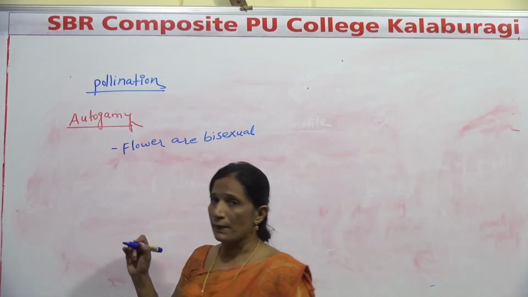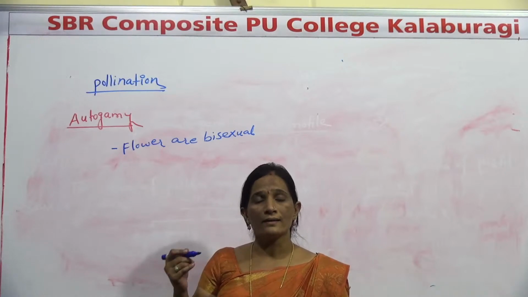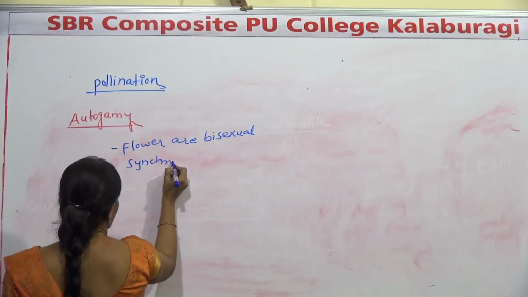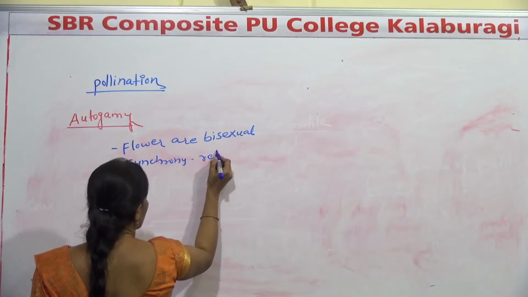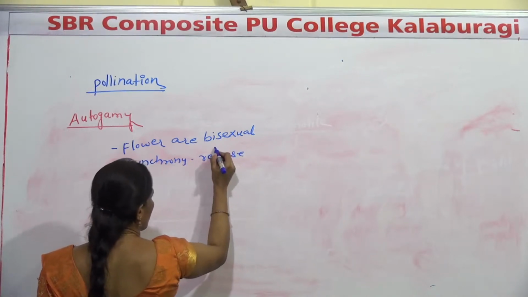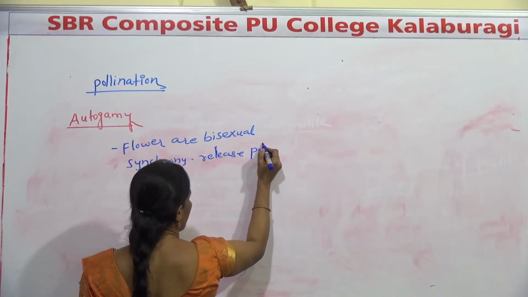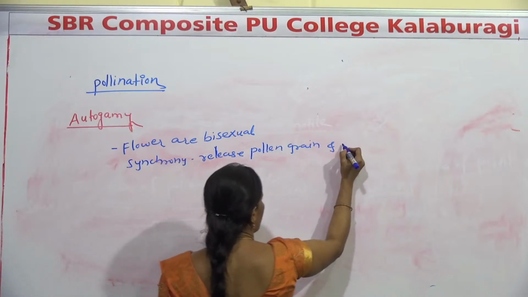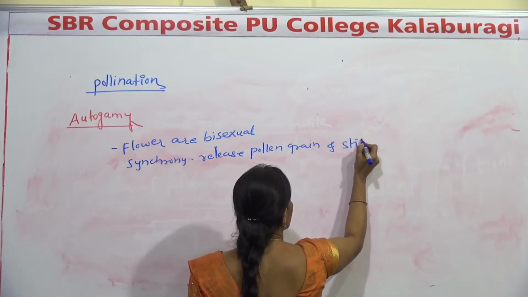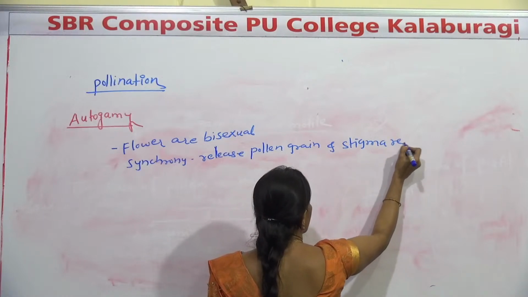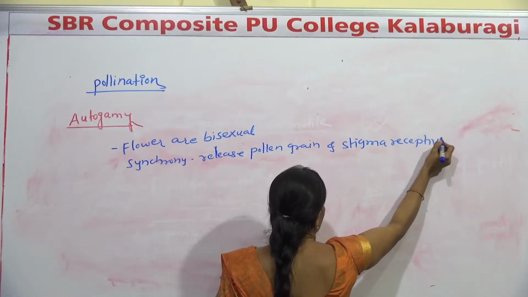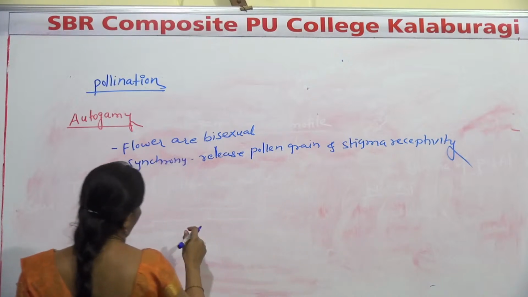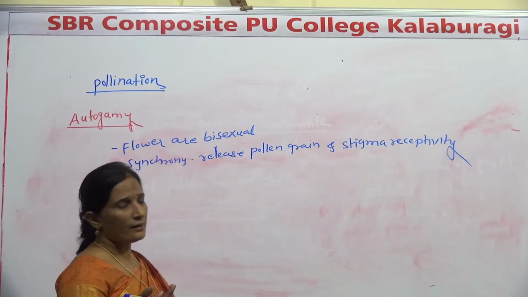So flowers are bisexual and there is a synchrony of release of pollen grain and stigma receptivity.